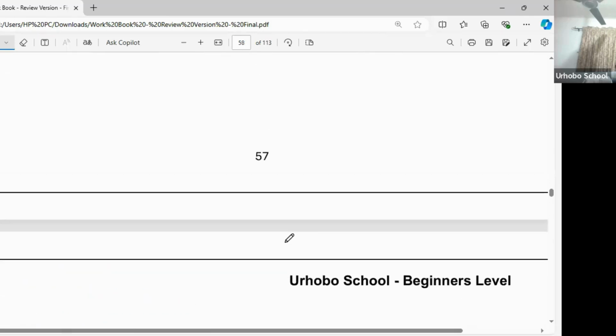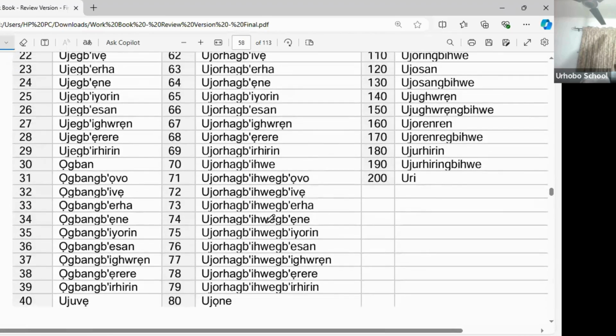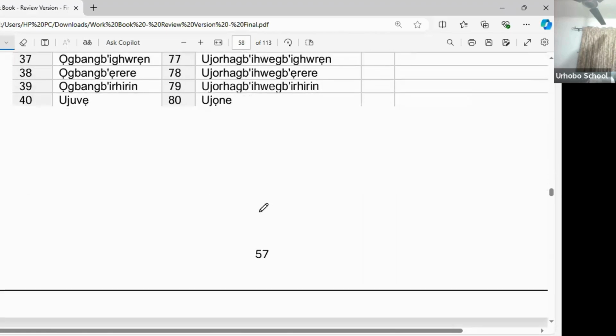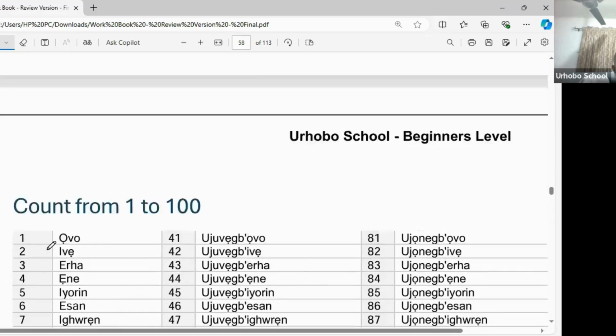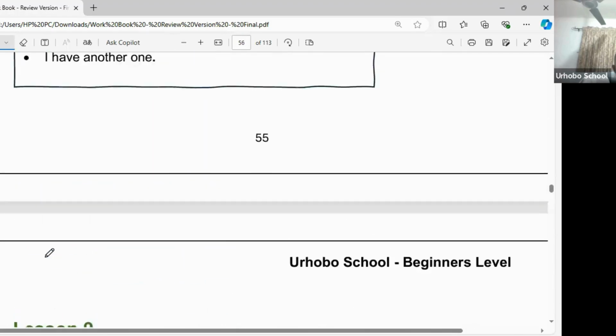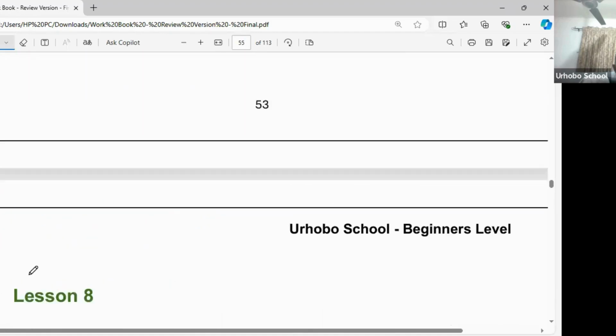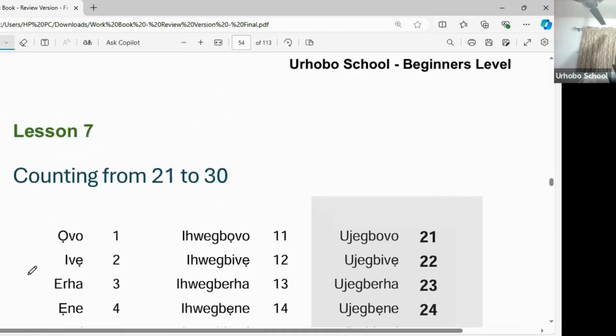All right. So this brings us to the end of today's lesson, where we learn how to count practically from 1 to 100. And I showed you the pattern, how you can remember, by learning how to count in tens, which we did. If you have not gotten your book, I encourage you to get it.